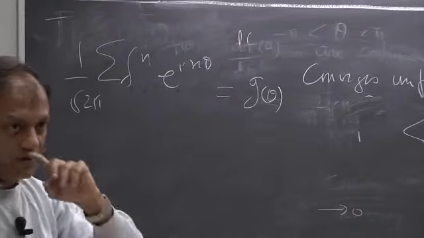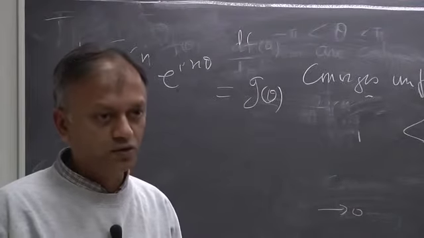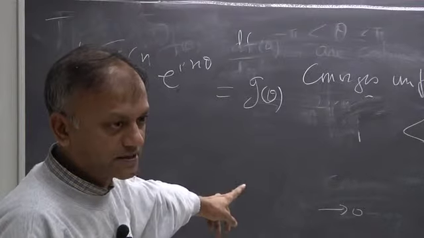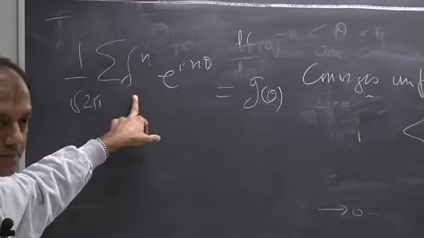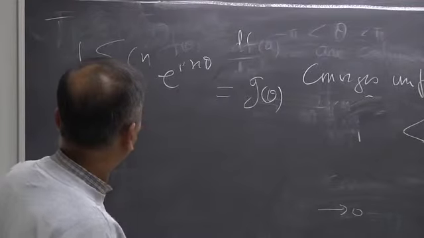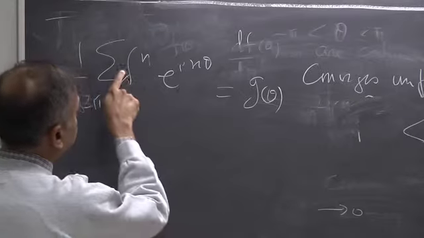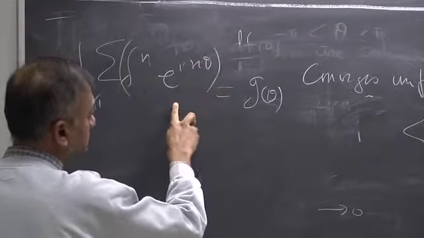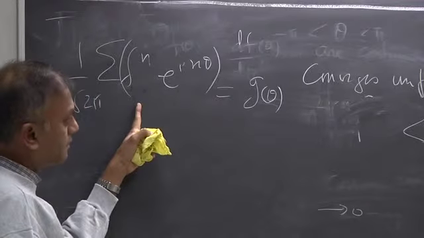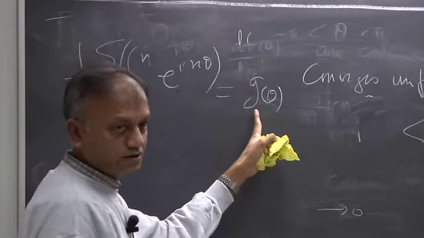Only when you have uniform convergence can you really do that. In general, if it's not uniformly convergent, you cannot commute these two operations, integration and the sum. In the same way, for continuity, you can commute the two things. If individual functions are continuous and this series converges uniformly, then the resulting function is also continuous.